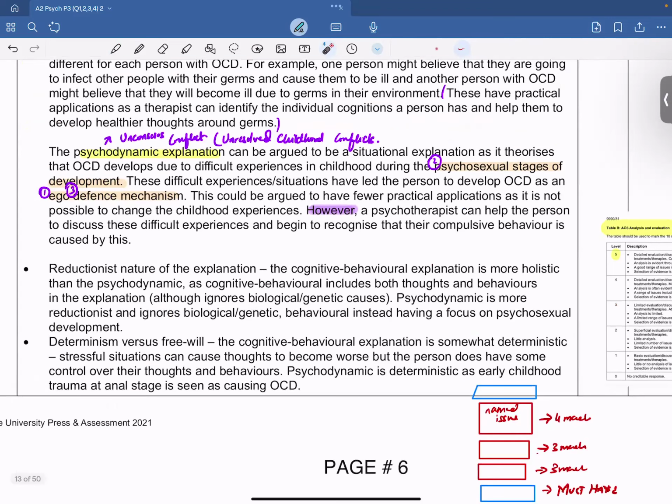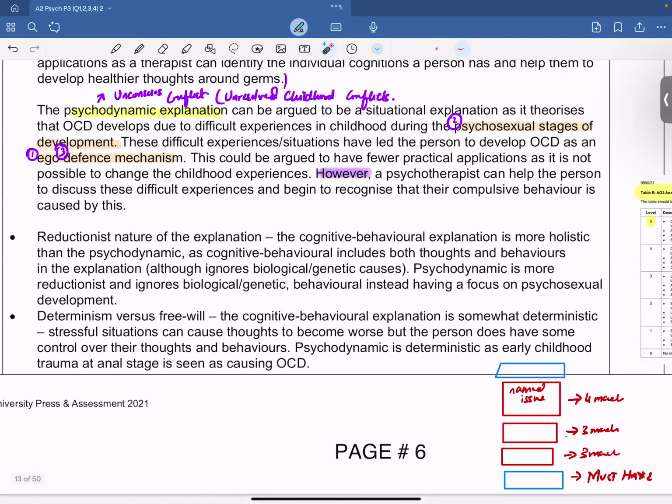Now, starting off with the reductionist nature of the explanation, like I typically advise students, explain what reductionism is. And you try connecting your paragraphs. You could say, along with evaluating through the individual and situational explanation, another important debate that could be put to use for evaluation is the reductionist versus holistic debate, right?